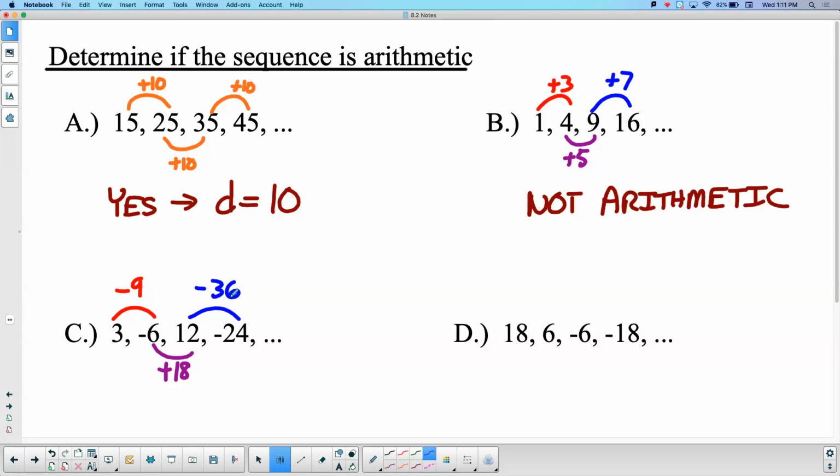So therefore, no. D, what about D? Why, Hunter?